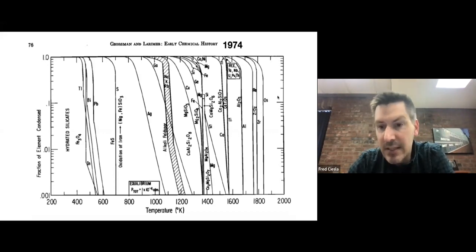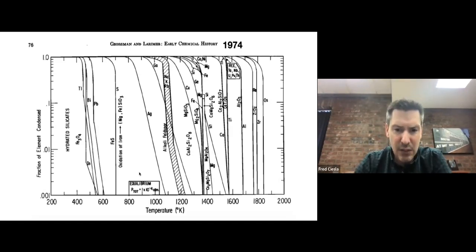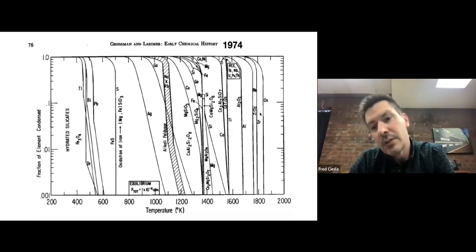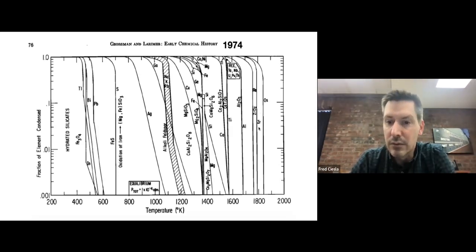You can see, for example, again, starting off at, say, 2000 Kelvin, and this is for a fixed pressure. This is a total pressure of 10 to the minus 4 atmospheres. Everything starts out in the gas phase, and as you start to cool off, the first thing to condense and form a solid is osmium here. So osmium is in the gas phase at high temperatures. At lower temperatures, it's in the solid phase.